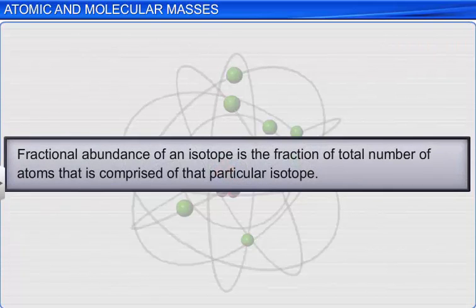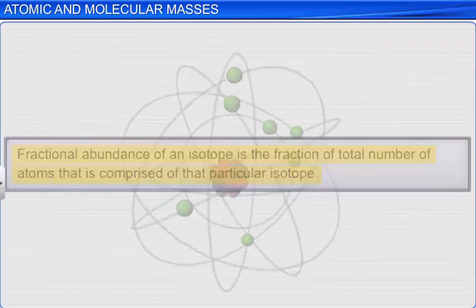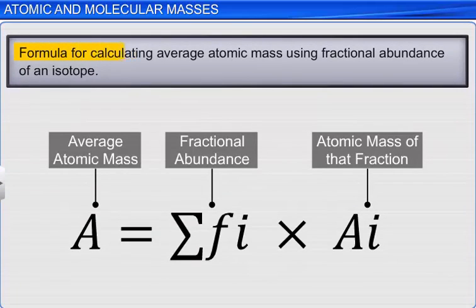We can also calculate the average atomic mass using fractional abundances of isotopes of an element. Fractional abundance of an isotope is the fraction of total number of atoms that is comprised of that particular isotope. The formula for calculating an average atomic mass from fractional abundance is fractional abundance multiplied by atomic mass of that fraction.